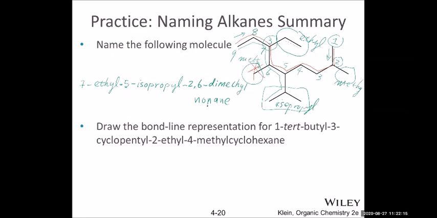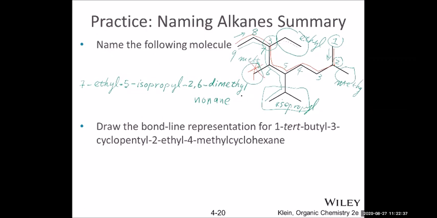Okay, run out of space. And toward the end, do not leave space between the last group and the parent name. No space. Okay, so one word. Leave no space. That'll be the name for this big molecule.